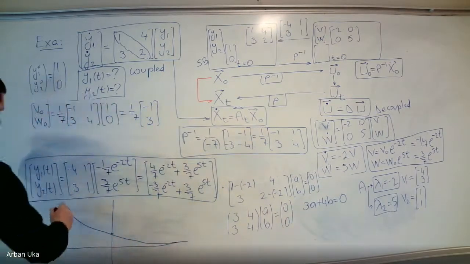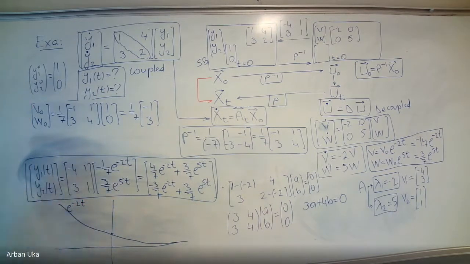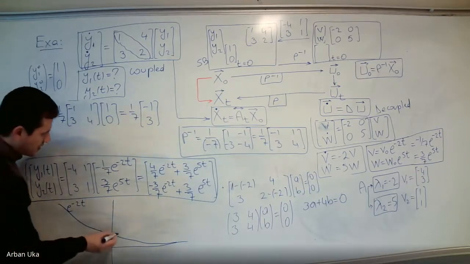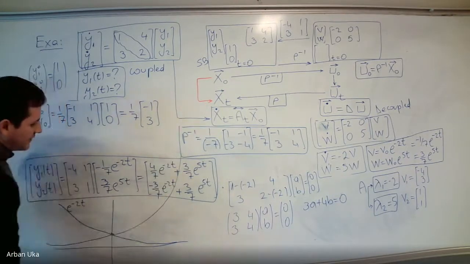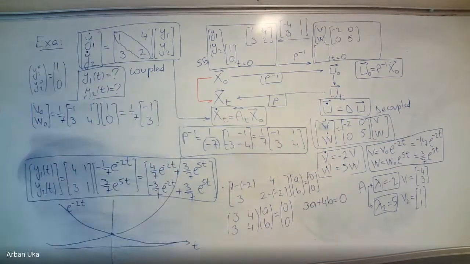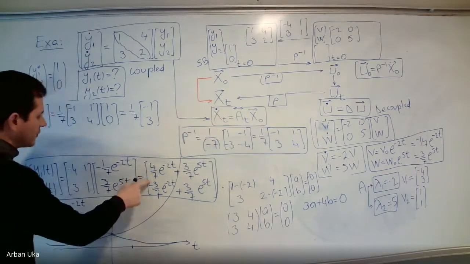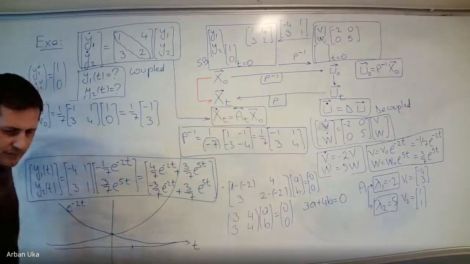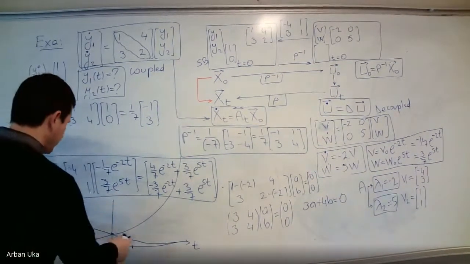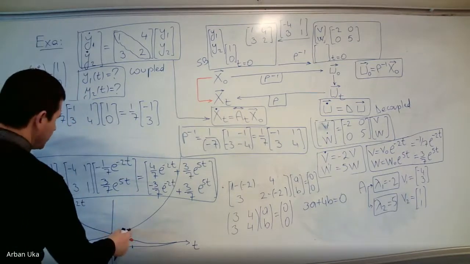This is e to the power -2t. And then e to the power 5t is a very fast increasing exponential function. So this is time t, which means that y1 at any time t is going to be 4/7 times this value, as shown in red, plus 3/7 of this value.